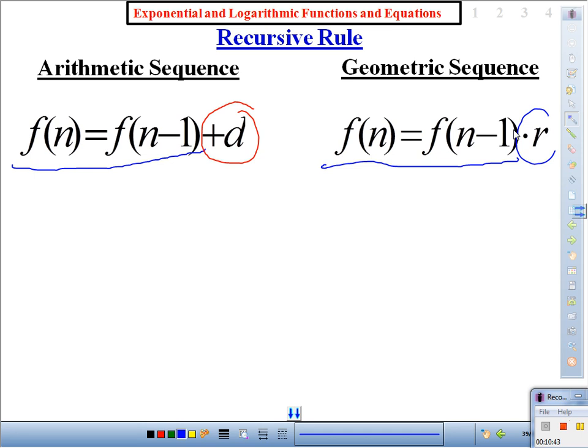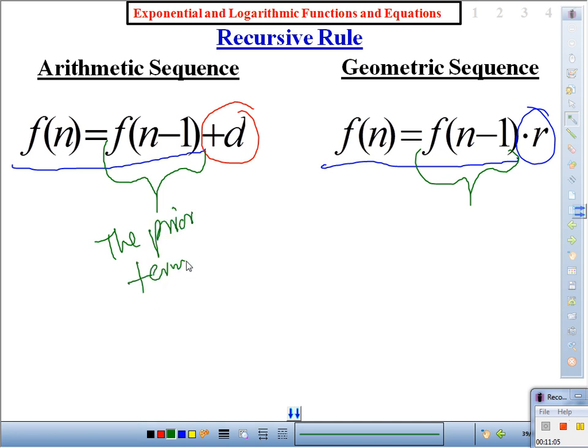Okay? Also, what else do we know from here? Well, Mr. Q, I know that this piece right here is the prior term. What does the word prior mean? The term before. So if I was to ask you to find me the sixth term, according to this form, we need which term?